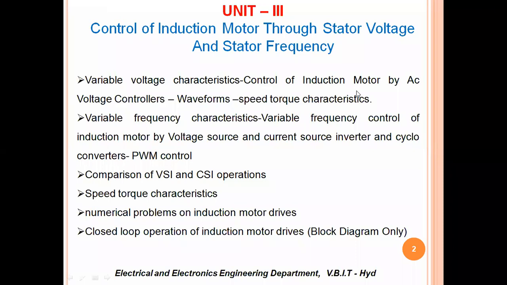In the variable voltage characteristics, AC voltage controllers, their waveforms and speed characteristics are the subtopics. Similarly, in the variable frequency characteristics, the frequency variation can be carried out with the help of VSI, CSI, cycloconverters and PWM control. All are subtopics.